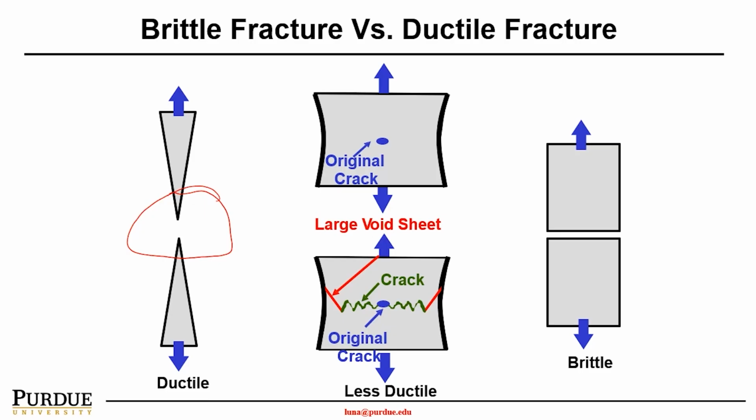For less ductile, the original crack will go through some propagation phase and develop a larger crack. However, for brittle material, we have a very clean and quick snap. So the surface is just like you have used a knife to cut it through. It's a very clean surface.